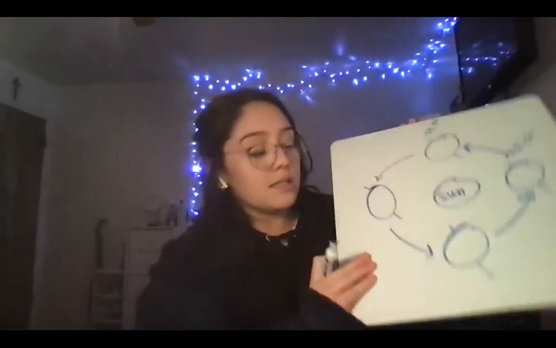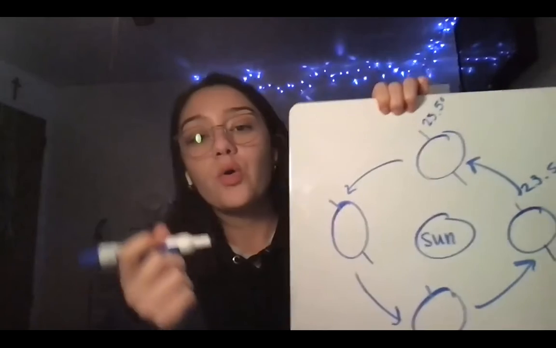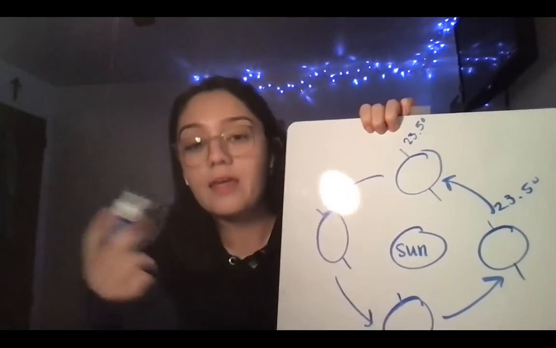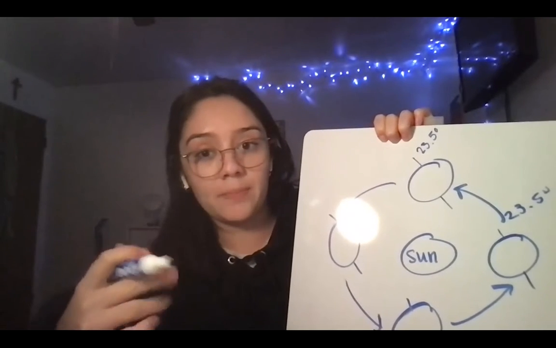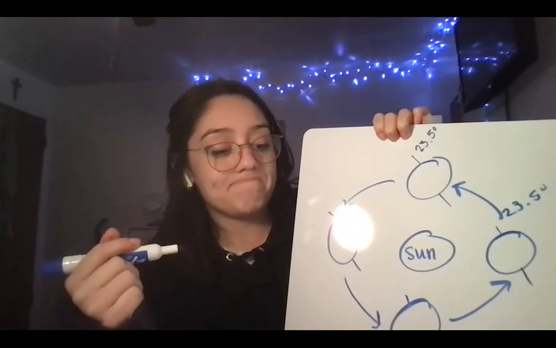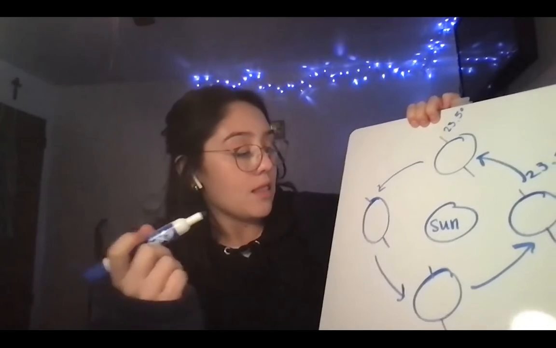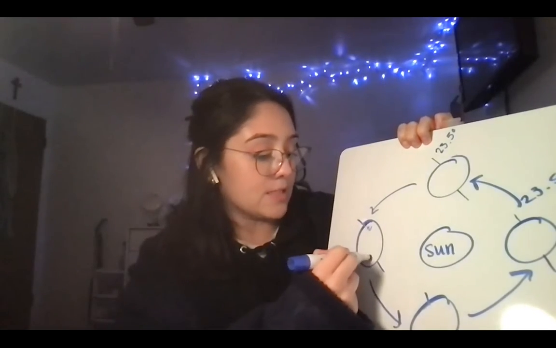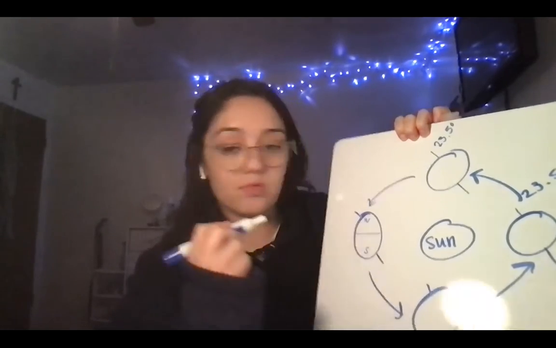So when we have the most solar energy hitting the Earth is when we're going to be in the season of summer. This is going to be our northern hemisphere, and this is our southern hemisphere. So Earth is kind of split like that.